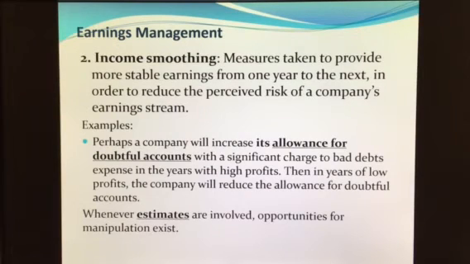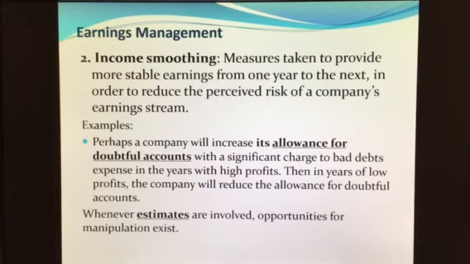And that way, in years with low profits, the company may reduce that allowance a bit and charge lower bad debt expense. In that way, sort of trying to make the lean years look better and the fat years look a little bit leaner, in order to smooth earnings.